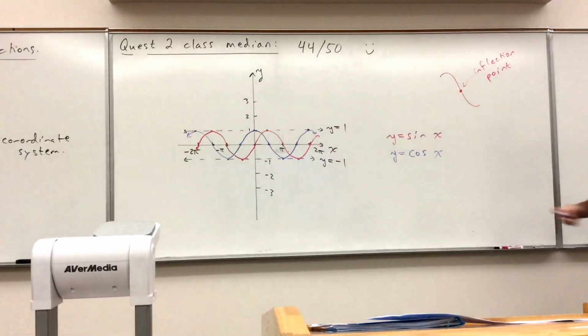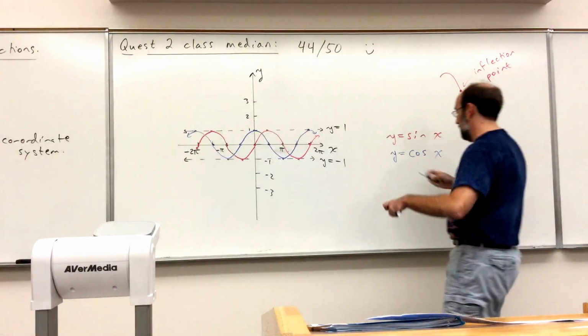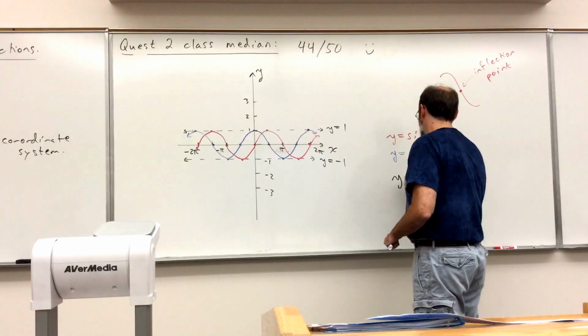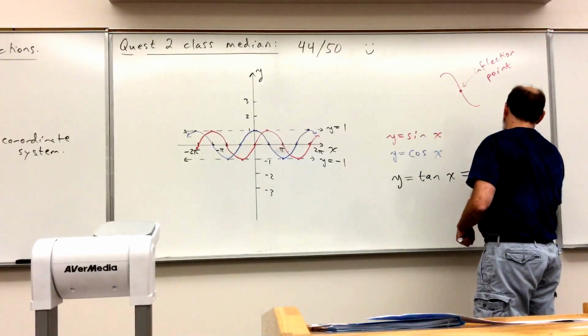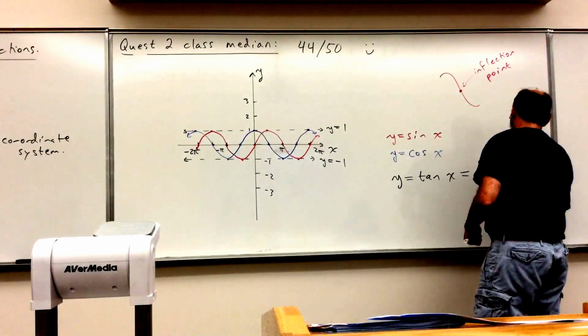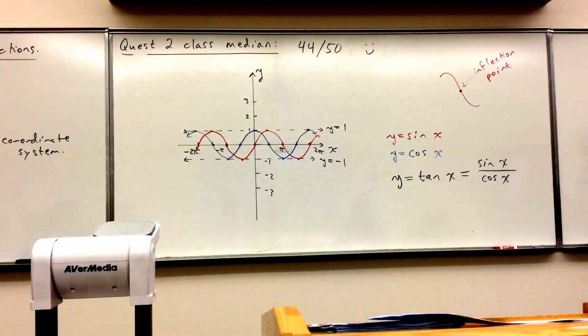All right, now tangent of x is the sine of x over the cosine of x. So y equals the tangent of x is the sine of x over the cosine of x. So that means that when the cosine of x equals 0, we're going to have a vertical asymptote for our tangent function, right? The tangent would be undefined.